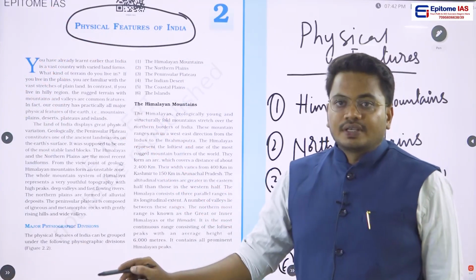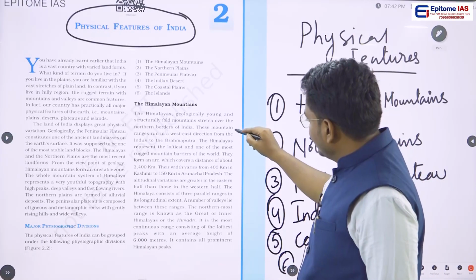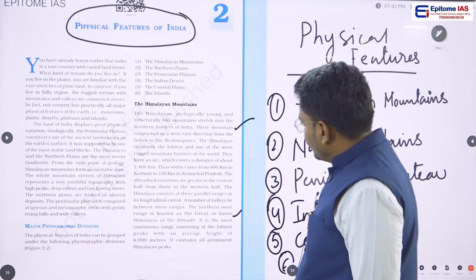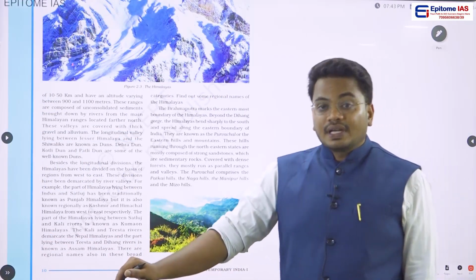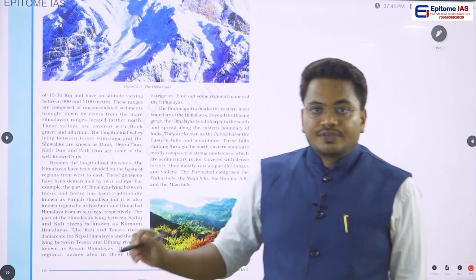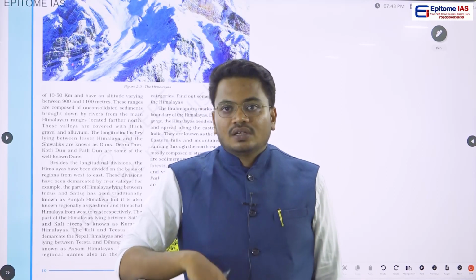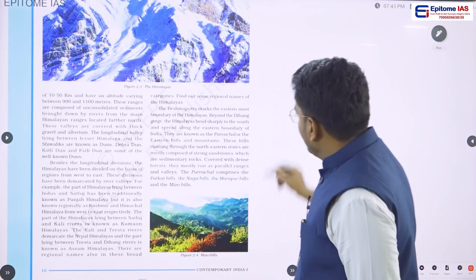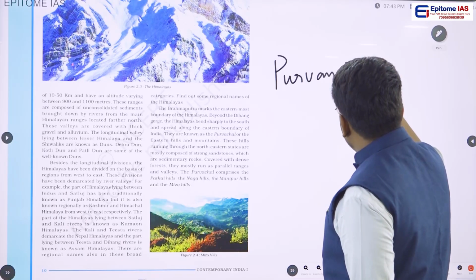Now, the entire thing which we have discussed so far was given in these particular paragraphs, right? And here we understood that the mountain ranges which took a U-turn in Arunachal Pradesh and entered the northeastern states, that particular set of mountains we call the Purvanchal hills.